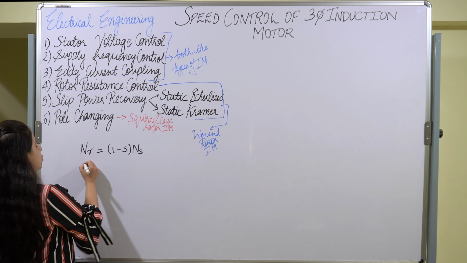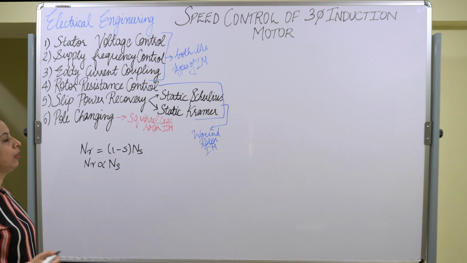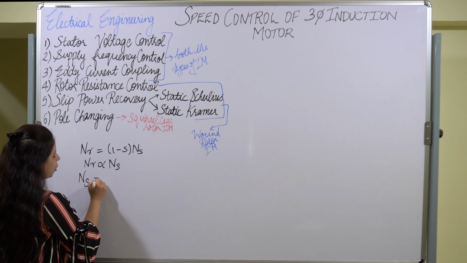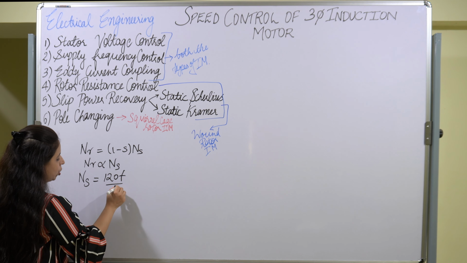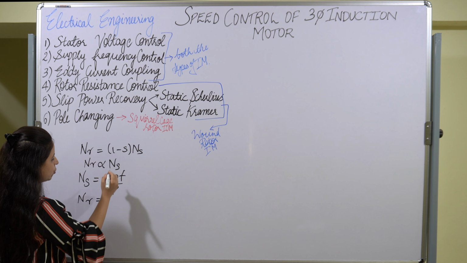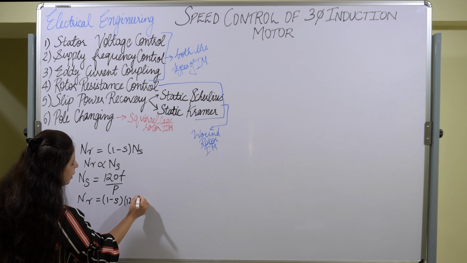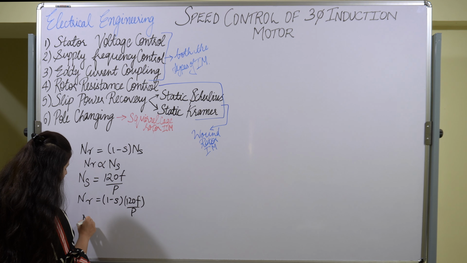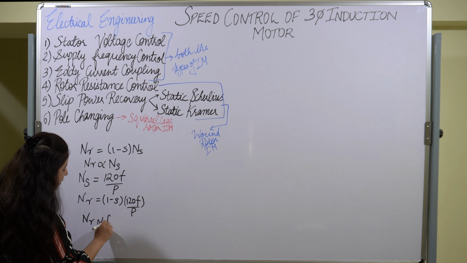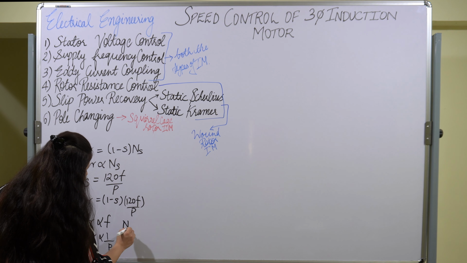Nr depends upon Ns first of all. My synchronous speed Ns is always given by 120 F by P. So if I substitute this value, I get Nr equals (1 minus S) into 120 F by P. So my Nr is directly proportional to frequency and inversely proportional to the number of poles, and it also depends upon the slip, being directly proportional to the factor (1 minus S).